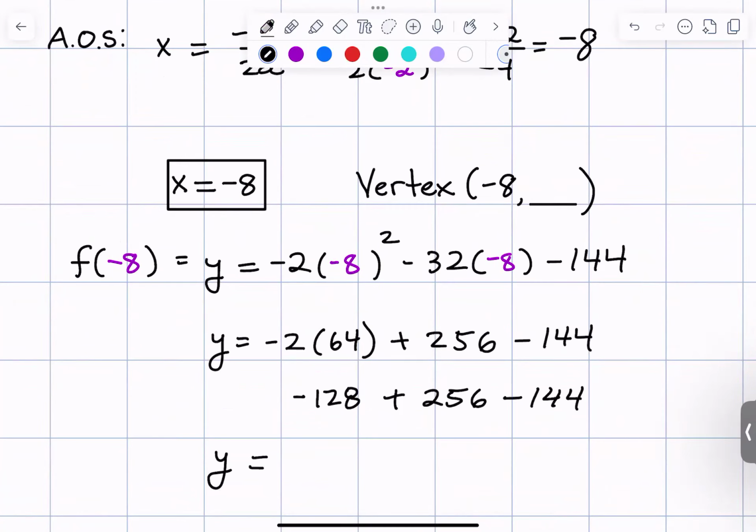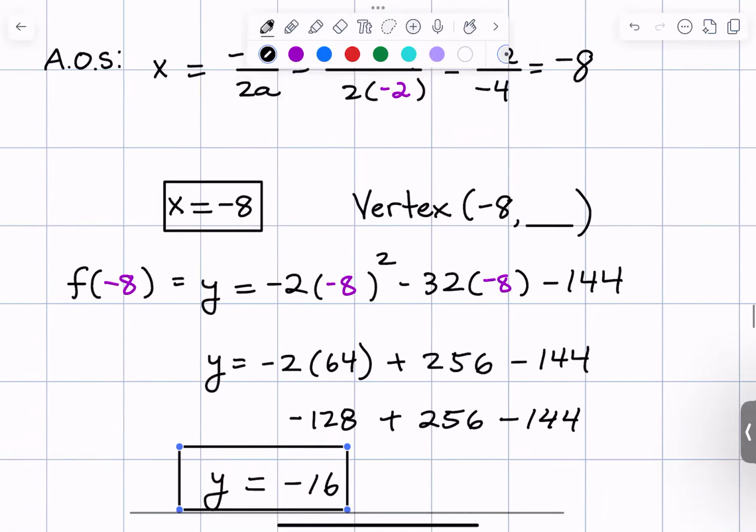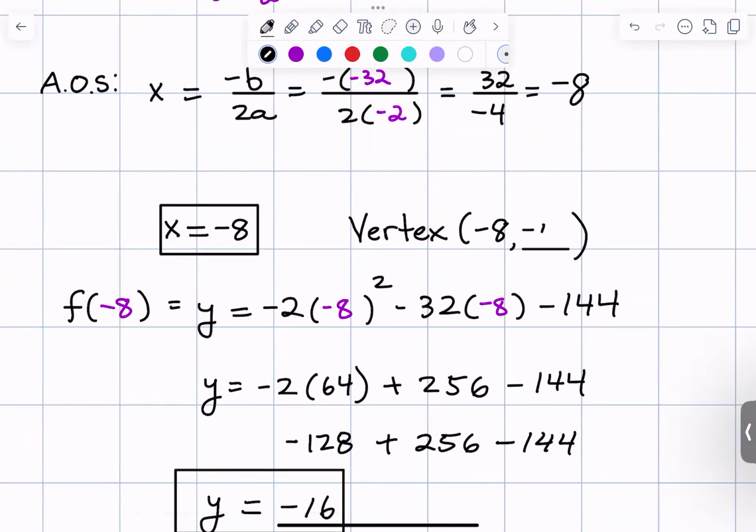And so y is going to equal, if you do that math, -16. So my vertex is going to be -8 comma -16.